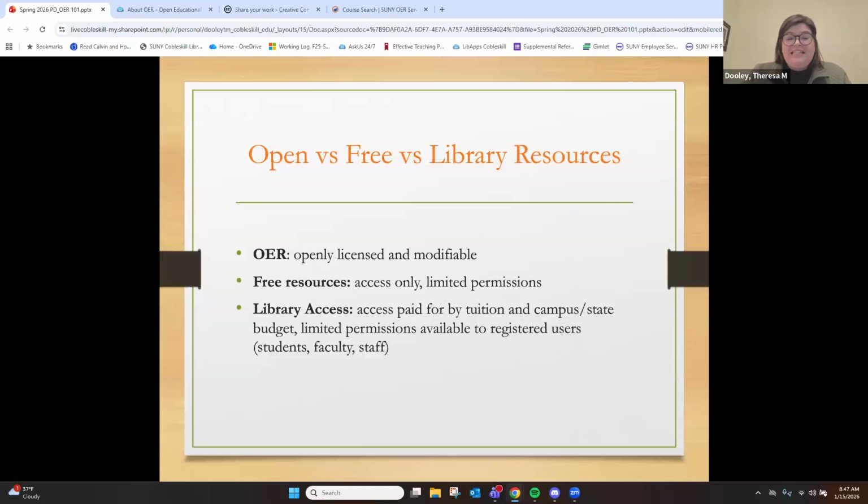You have the license permission to use it for the time that you are employed by that network in the library. All right. So there's three pretty big differences there. All of them are really useful tools, but I wanted to highlight that in addition to having access to it, in OER, we can actually actively modify and update them.